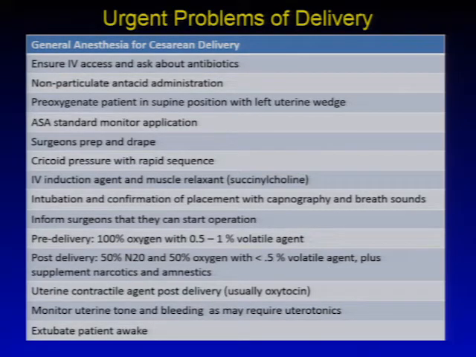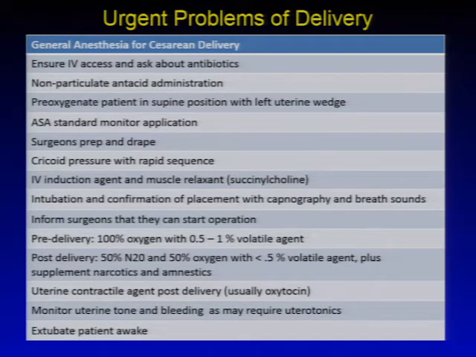Tell the surgeons to go ahead and prep and drape, though the drape may be kept low so as to facilitate communication. A rapid sequence induction and intubation technique is then utilized, and intubation and confirmation of placement of the endotracheal tube with breath auscultation and capnography is performed, and as soon as that is performed, you can inform the surgeons that they can start the operation.